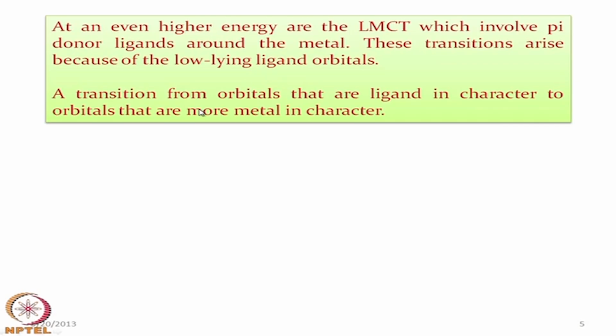So, a transition from the orbitals that are of ligand in character to orbitals that are more metal in character. So, we will have the transition from one molecular orbital which is of ligand character to another molecular orbital which is of metal character. Then we will consider the transition would be LMCT.